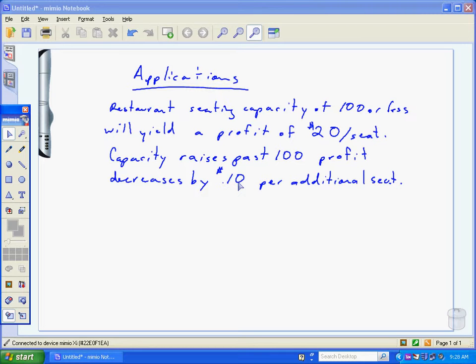Okay. Yep. What number of additional seats will give max profit?